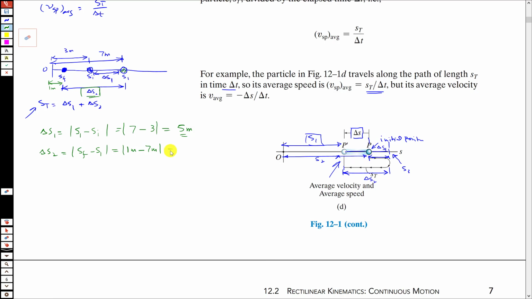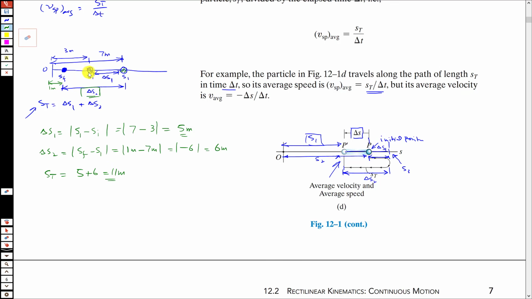So this is minus 6, and the absolute value is 6 meters. So the total distance covered by this particle is 5 meters plus 6 meters, so this is 11 meters, right?